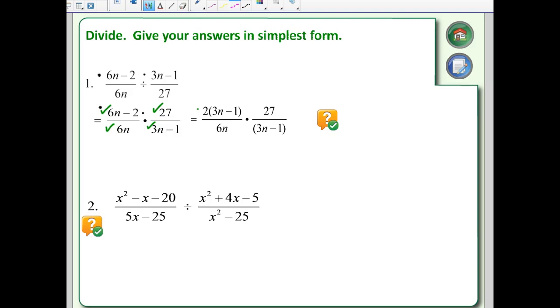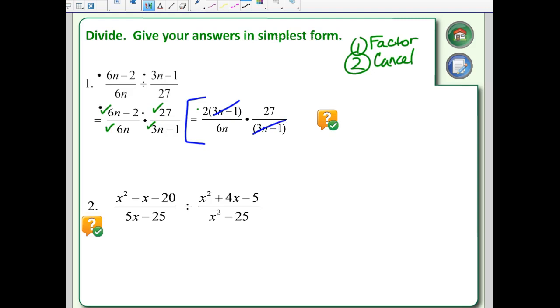So now, what can we cancel? Remember, we use our honey-do list to see what we can factor, then go back through and see what we can cancel, and we may be able to simplify a fraction along the way. Looking at our factored form, I have a 3n minus 1 in the numerator and a 3n minus 1 in the denominator.